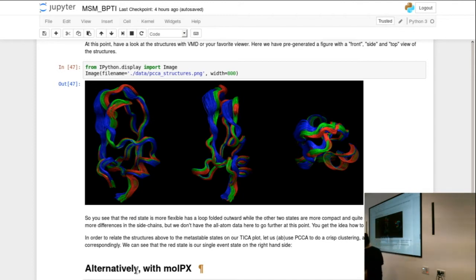And when you overlay them, you see that the red one is different from the blue and green ones, and this is the slowest process right here. So going from either one of these two, the blue and the green, to the red one, that's the slowest process.